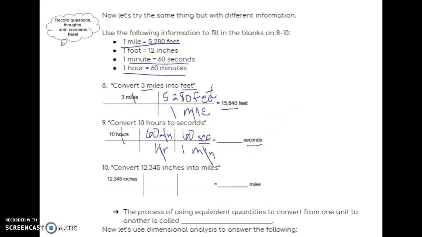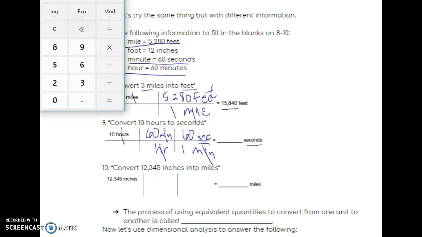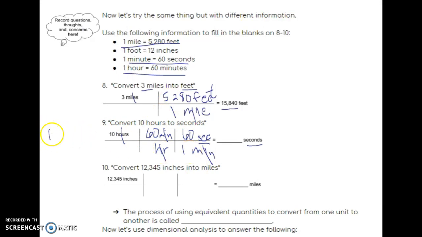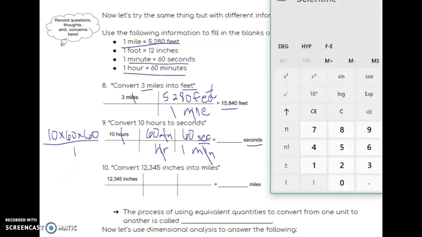So I'm going to grab my calculator because that's a lot of math. So we've got 10 times 60 times 60 divided by 1. You want to write that off to the side. That might help. 10 times 60 times 60, all divided by 1. So grab my calculator back. 10 times 60 times 60, right?